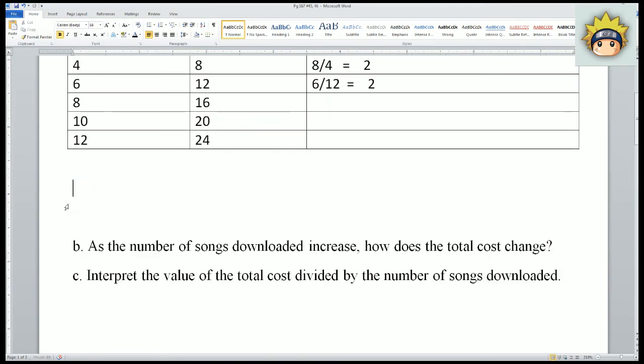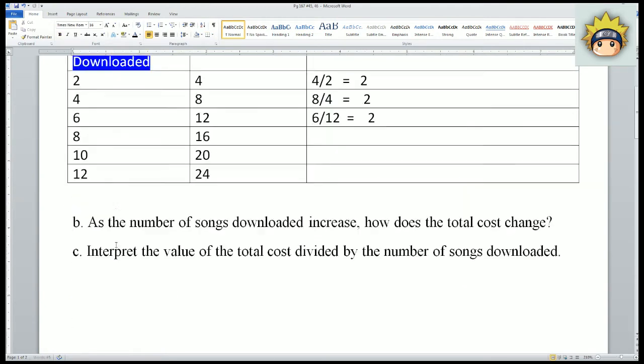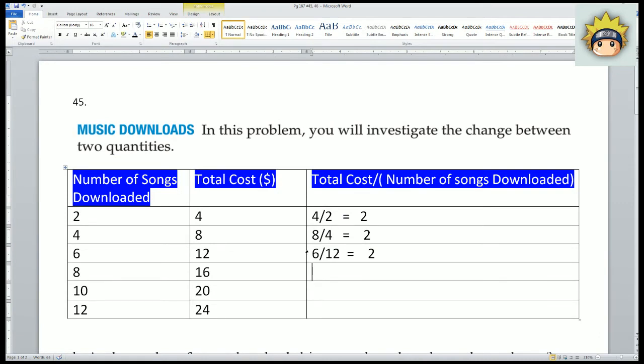Okay, let me just take that pattern off for you. Let's do the total cost divided by the number of songs. Oops, sorry, this should be 12. 16, which is my total cost, divided by 8 is going to be equal to 2.